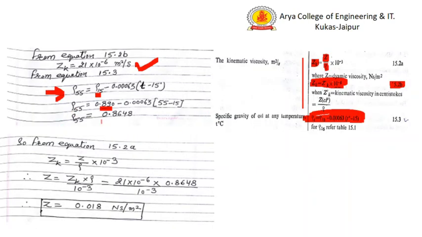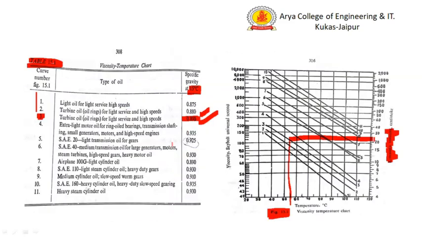So rho 55 is 0.8648. Now use this value to find Z. From this equation we find that Z is equal to 0.018 Newton second per meter square. So this is the procedure to find the value of absolute viscosity.